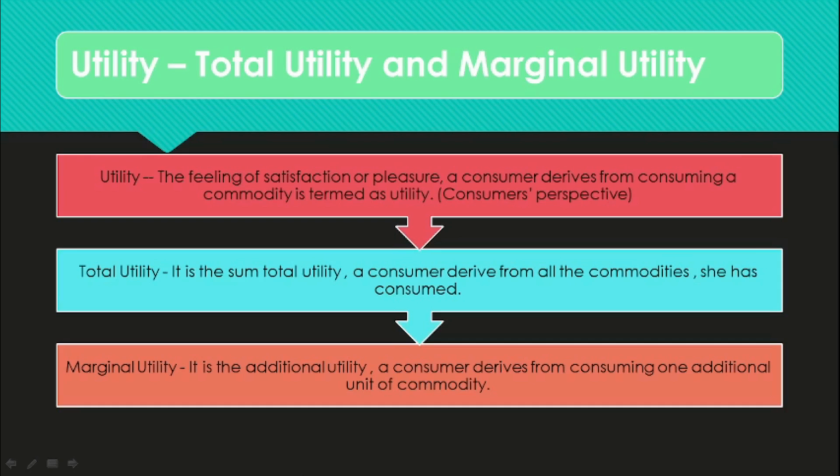What is the concept of marginal utility? Marginal utility simply gives us the additional utility that a consumer derives by using one more or additional unit of a commodity. The concept of the marginal principle I have already discussed in the chapter on tools of analysis, where I told you it will be a recurring concept.